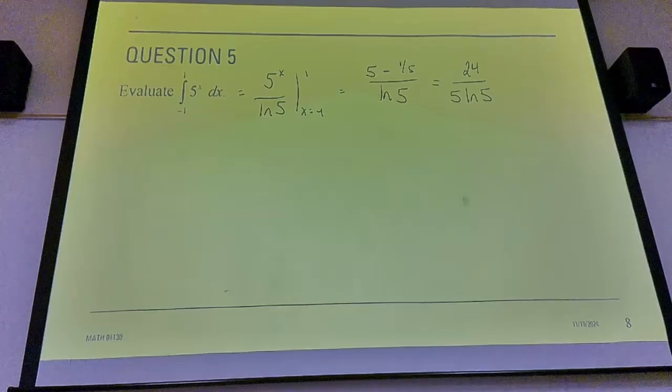Over ln of 25. Not 25. Oh no, never mind. It's 5 to the 5. That's ugly though. 3,125. 5 to the 5th is 3125.